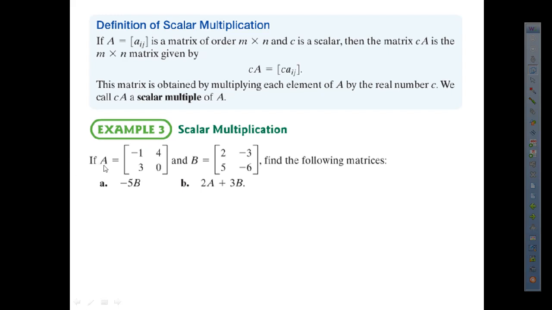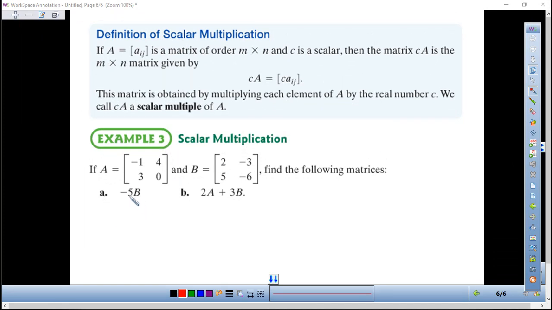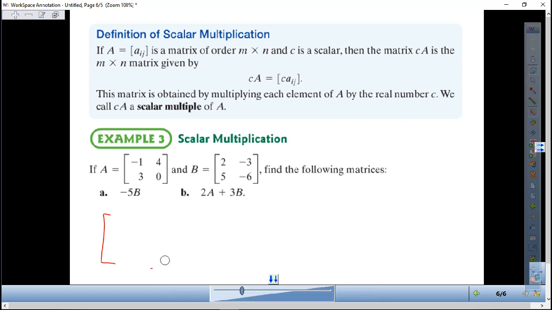So if we have matrix A being -1, 4, 3, 0, and matrix B being 2, -3, 5, -6, find the following matrices. If we want to find -5 times B, well, B is a 2 by 2, that's easy to deal with.